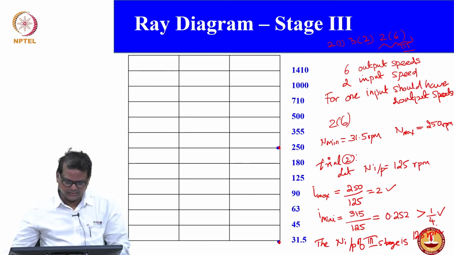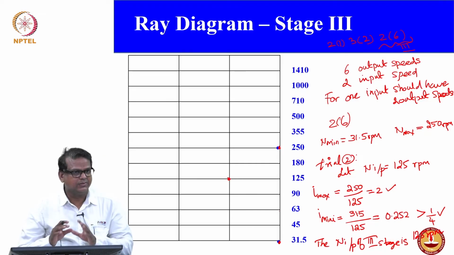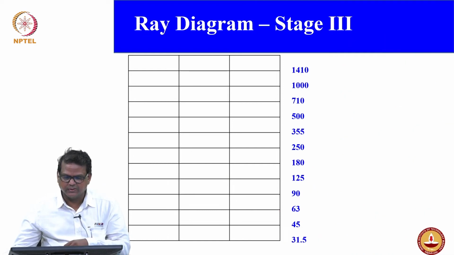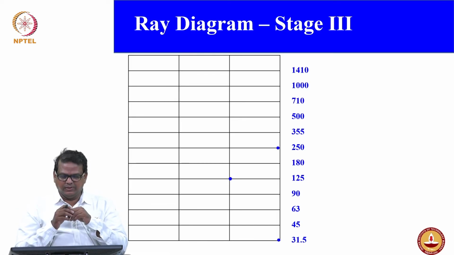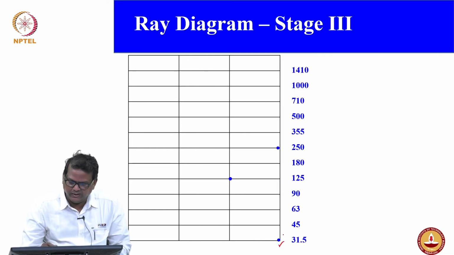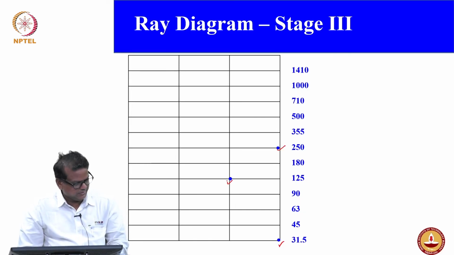So, in that case we can mark one point here. So, that is done. Yes. So, you can see that we have marked 31.5, 250 rpm and 125 rpm, okay, fine.